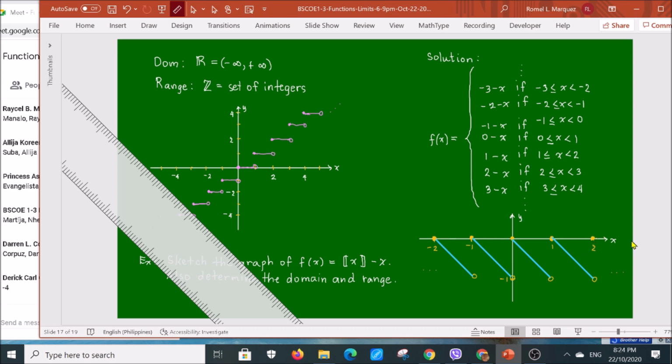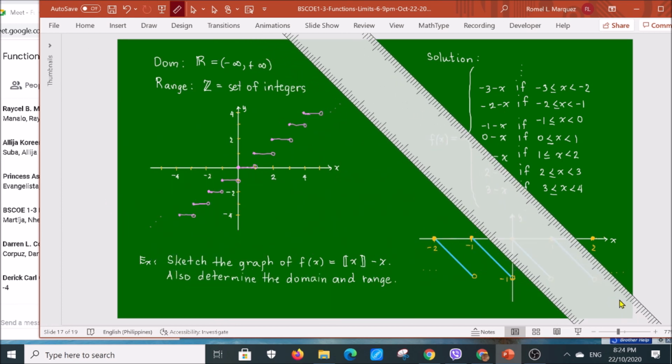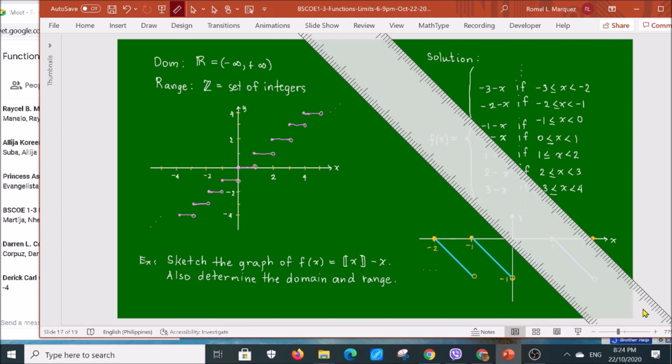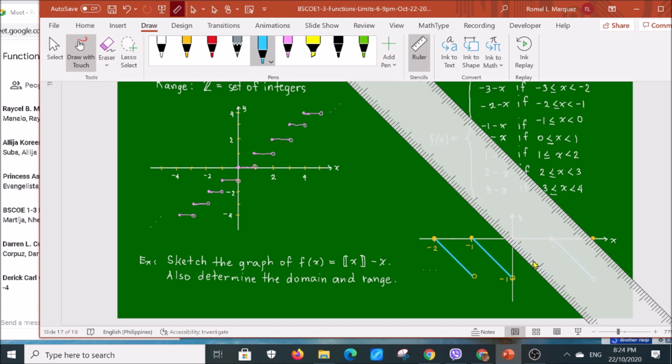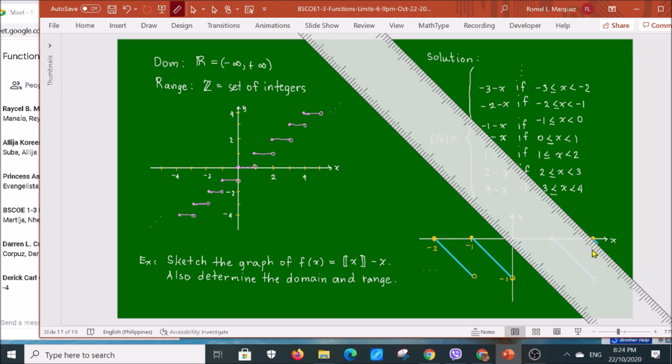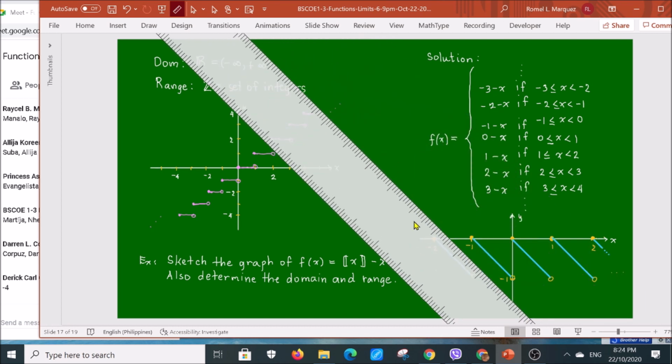And when x is 3, it is actually negative 1. That is next. Let's just draw this part, but of course it cannot be completed, and it continues on there, because we don't have enough space. So that's the graph. Very easy, guys?